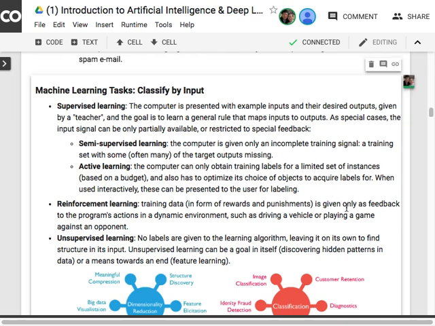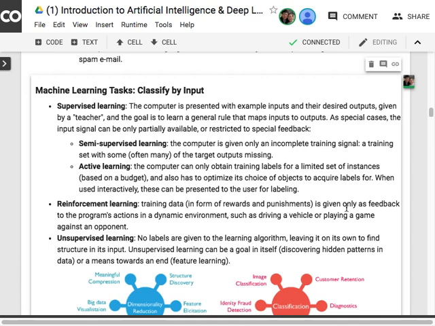A lot of machine learning activity happened here, a real boom, and we have classified machine learning tasks into three main classes by looking at the input.